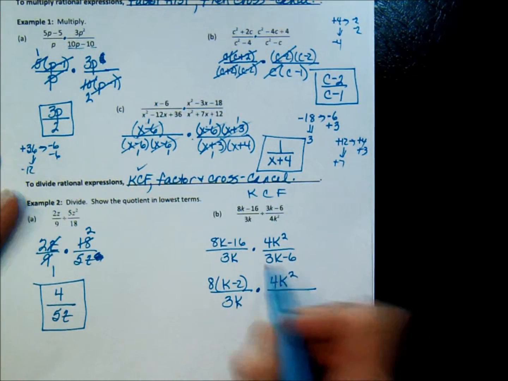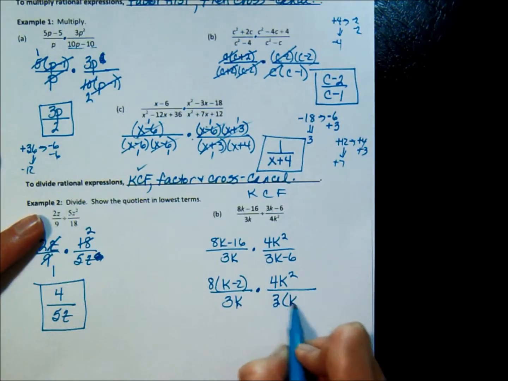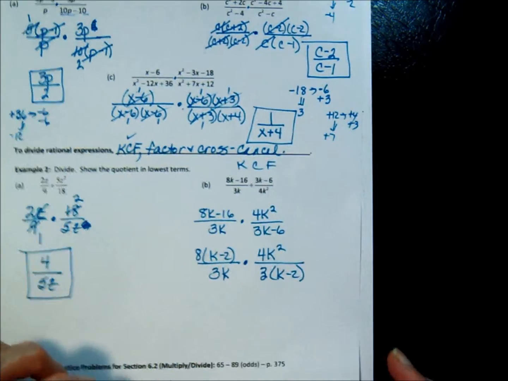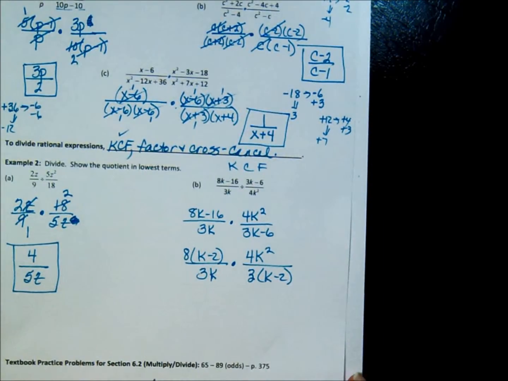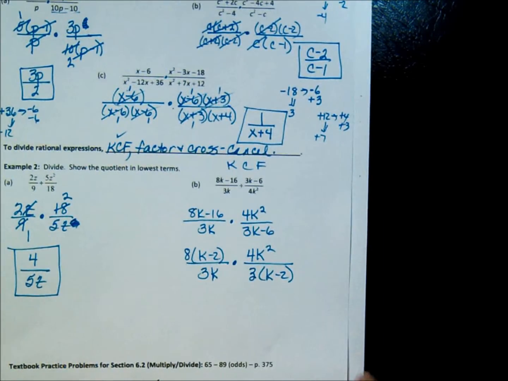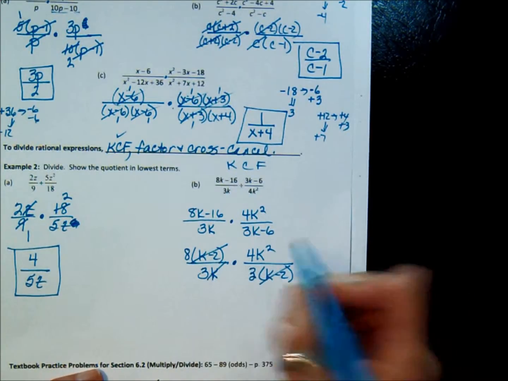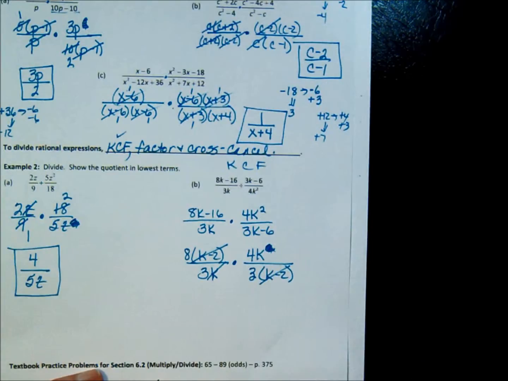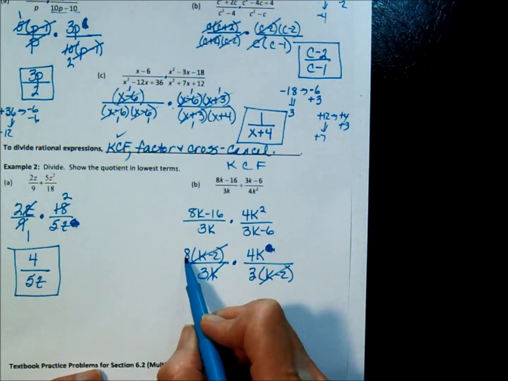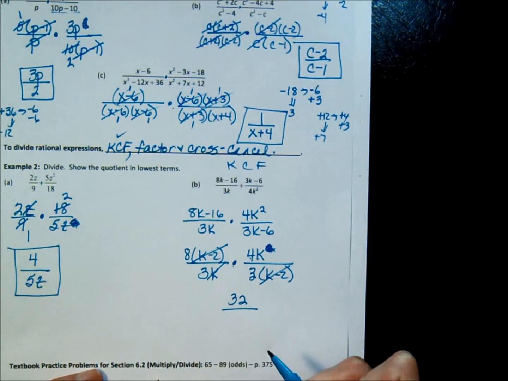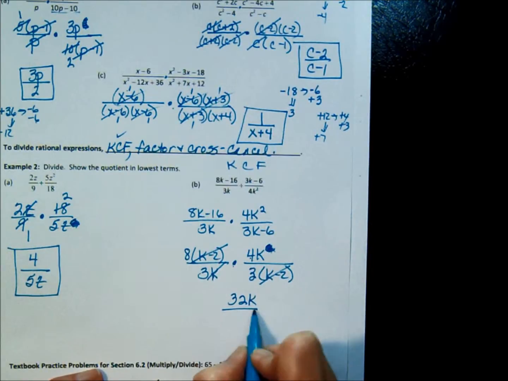But this binomial, I can factor out a 3, leaving k minus 2. Now let's see what pieces of those factored expressions will cross cancel. So k minus 2, and this k cross cancels one of those, leaving just 1. And I think that's it. So we end up with 8 times 4 is 32 k, sorry, there's a k left there, over 3 times 3 is 9.